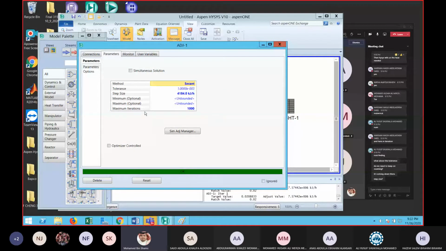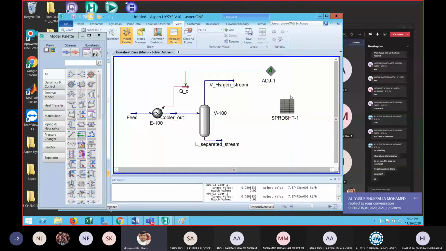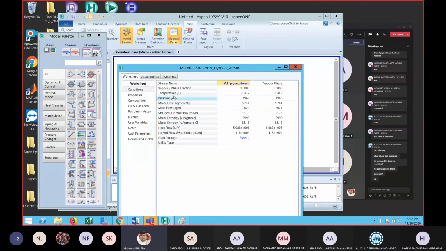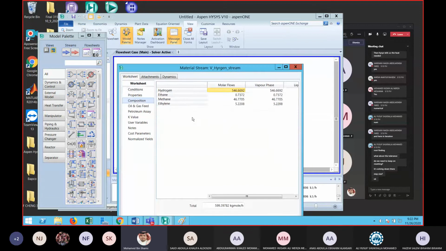Okay, we'll come to these details shortly. But for now, let's see, did we achieve our target? Our composition here should be what we want.